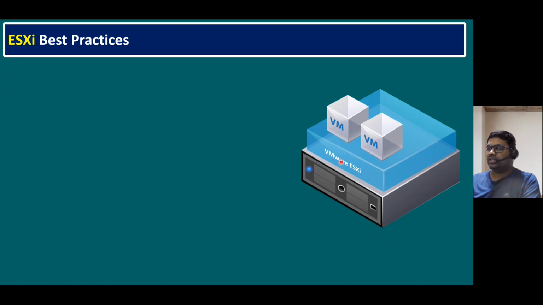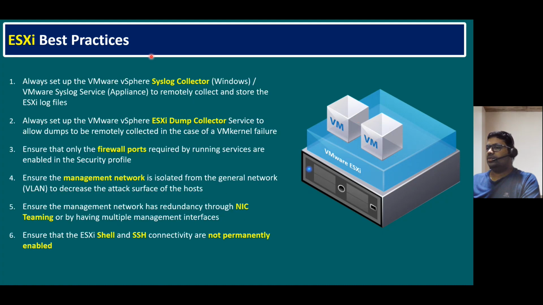Once we install ESXi, it will allow you to create multiple virtual machines. As an example, I'm showing two VMs in this diagram, but not only two, you can configure any number of virtual machines on an ESXi host. Apart from installing ESXi and configuring the virtual machines, we still need to validate some key items. Those key items are: always set up a VMware syslog collector.